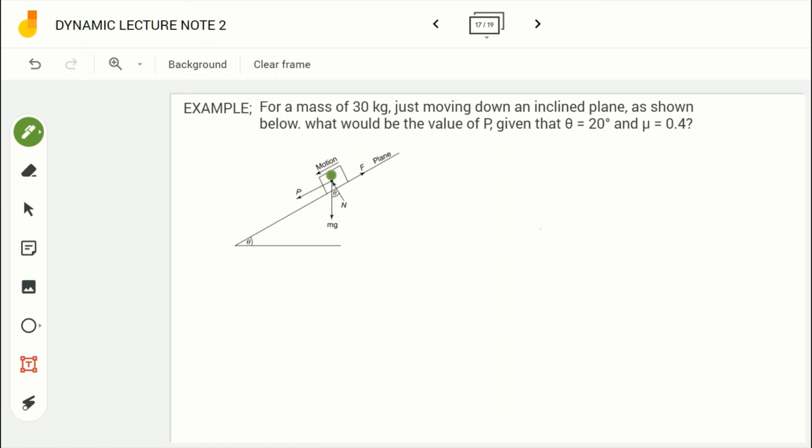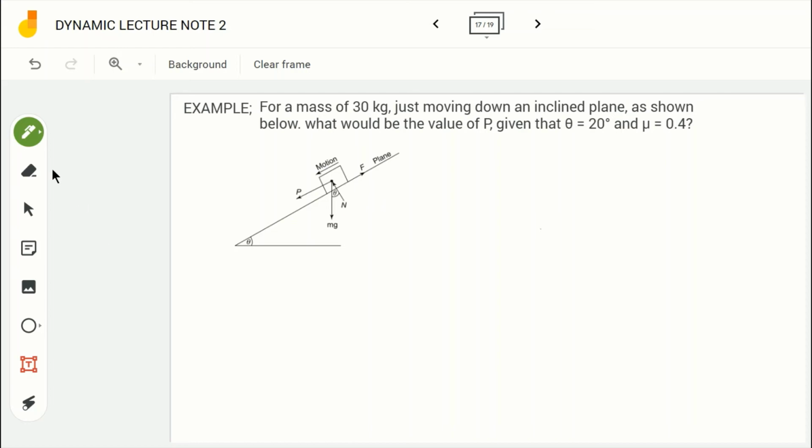And it tells us that P is the applied force because the object is going down an inclined plane, and as always there's a frictional force F acting opposite to the applied force. And right here again is a force that is inclined to the plane, and also right here is our normal force. We always have a normal force acting on the surface.